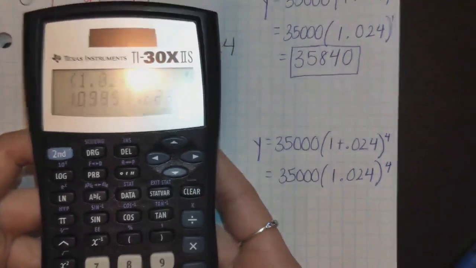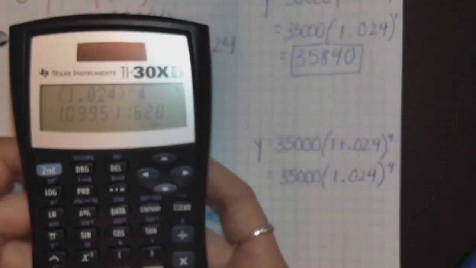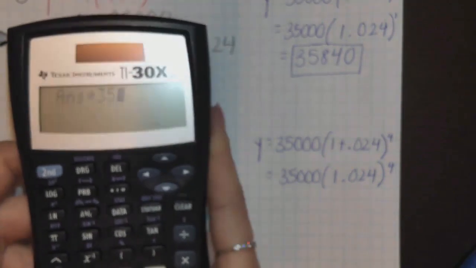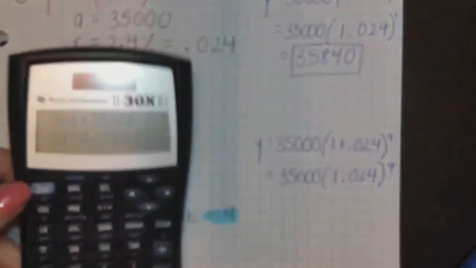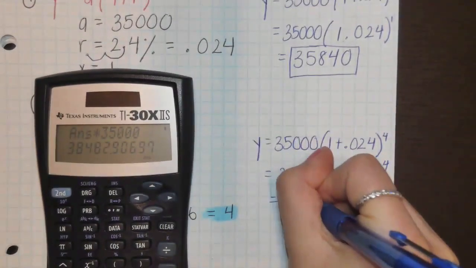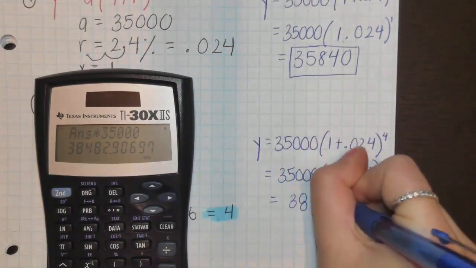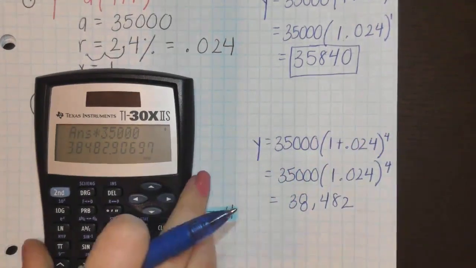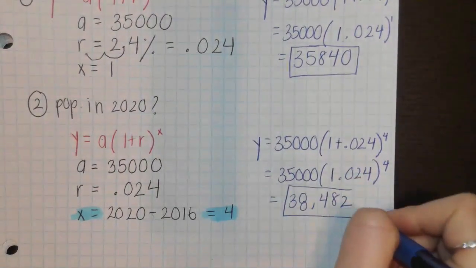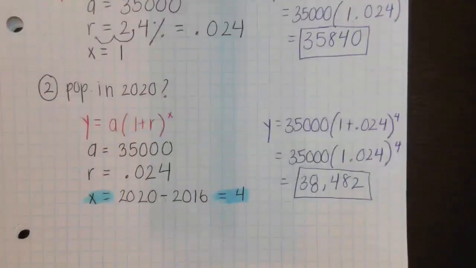And again, you get a really long decimal. It should be something like 1.0995, and so on. Just multiply that answer by 35,000, and it leaves you with approximately 38,482. Again, what does that value represent? It represents the estimated total population in the year 2020.